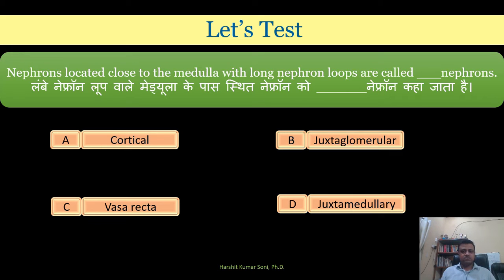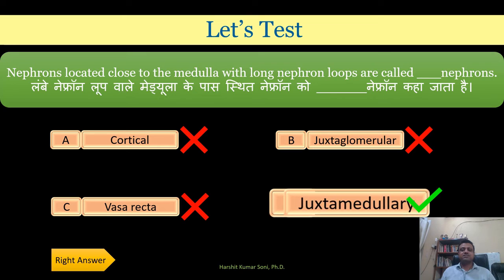Think about it. It's a very easy one, and I know your smile is telling me a lot of things, that you know the answer. So let's check the correct answer. Yes, the correct answer is juxtaglomerular nephron. These are the nephrons which are present close to the medulla. So now we know the structure of nephron.